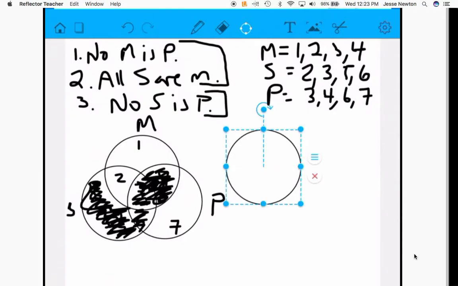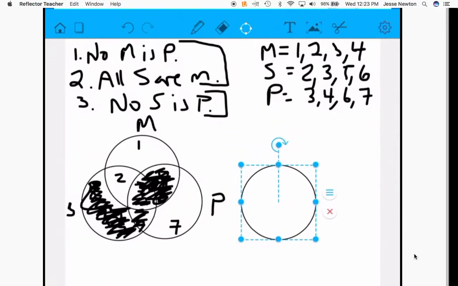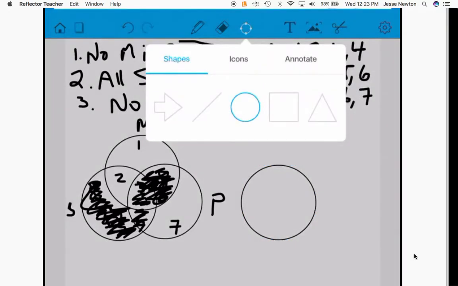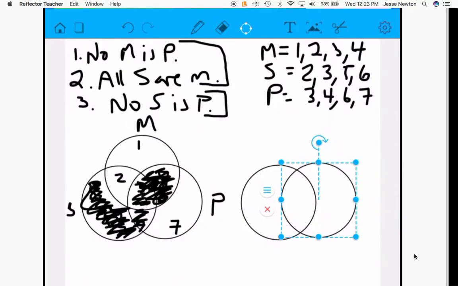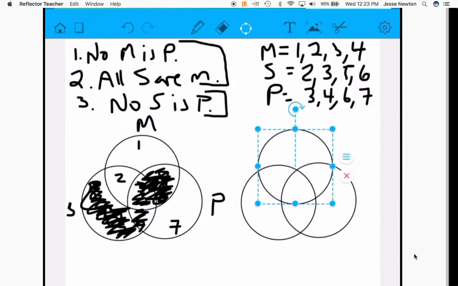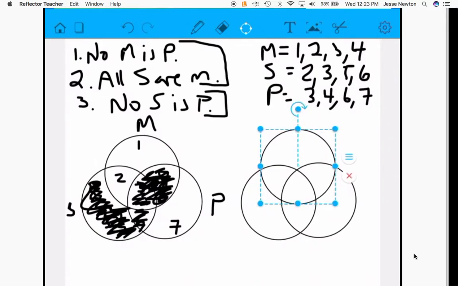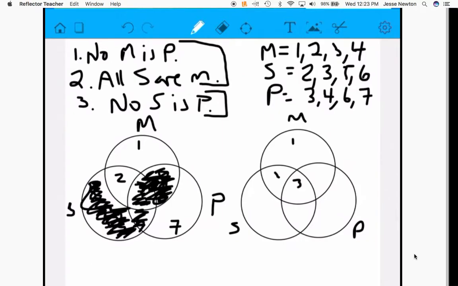And to diagram the conclusion, we do that just as we've done with the other 2 premises. If I can get my trusty circle to come up here. There we go. We come over here, and everything is going to be the exact same. We're going to label the regions S, P, and M as before. And we have 1, 2, 3, 4, 5, 6, and 7.